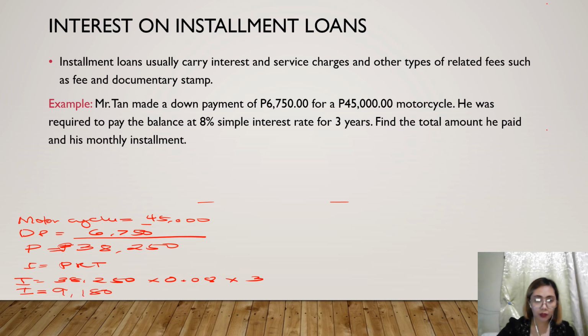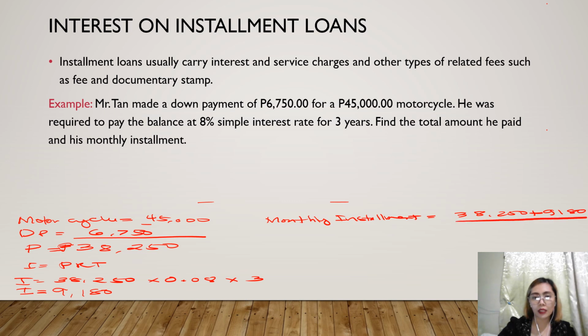So, to compute for the monthly installment, ang gagawin natin, i-add natin yung principal or yung amount na i-finance natin, which is 38,250 plus yung interest na 9,180 divided by ilang months tayo magbabayad sa loob ng 3 years. So, that is 36 months.